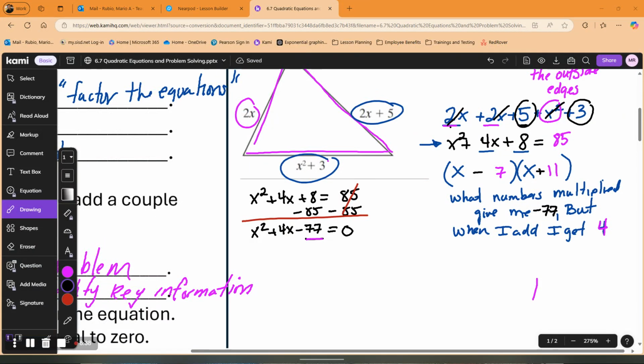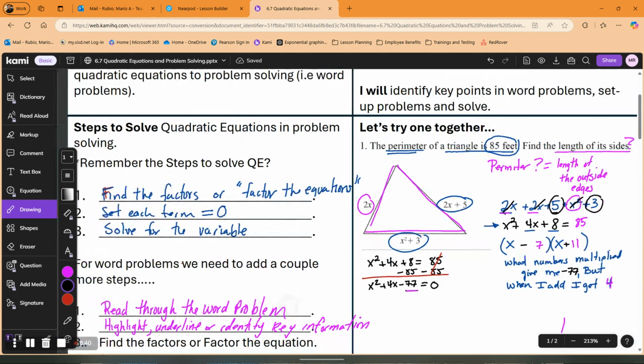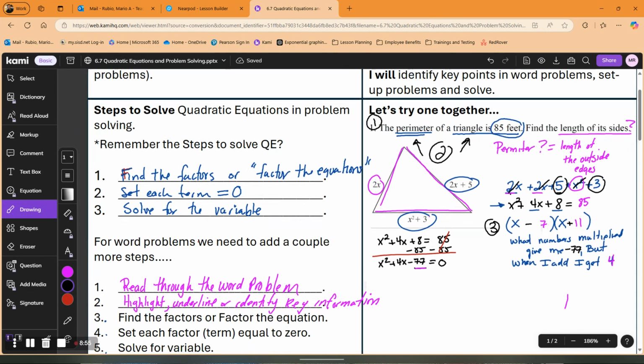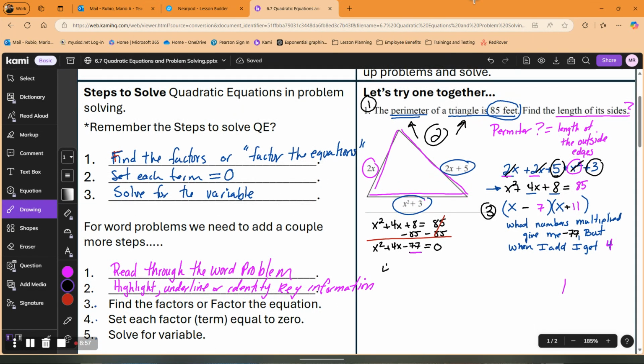Now, let me see, this was step 1, read the problem. Step 2 was highlight the important information. Step 3 was find the factors. So this is step 3 right here. Now I'm going to do step 4, set each term equal to 0.